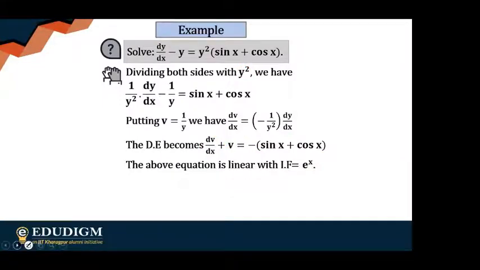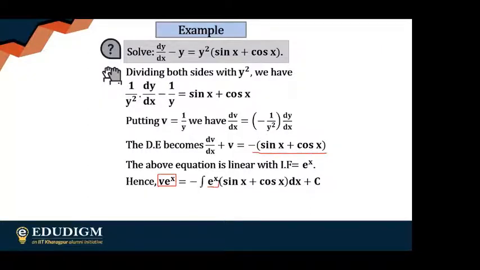So what will be the solution of this? The solution will be v, because v is acting like y here, into integrating factor. So the left hand side is sorted. For the right hand side, you need to have the integration of this function, of course, along with the integrating factor. All right. So what do we have here?